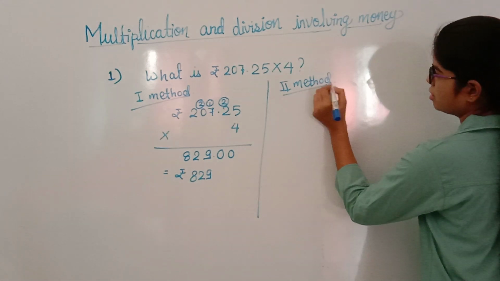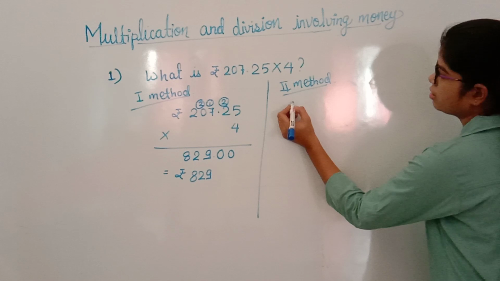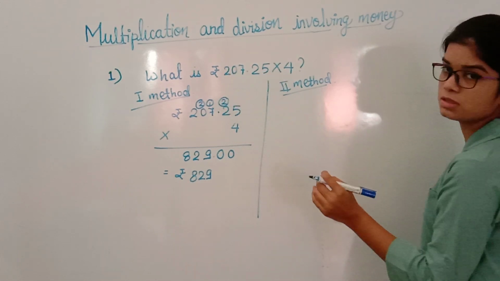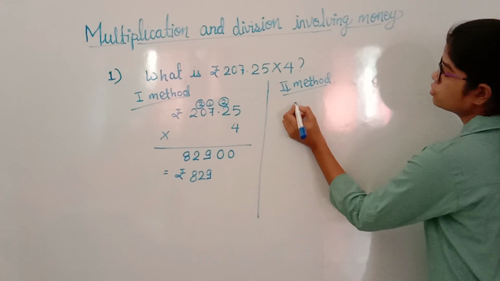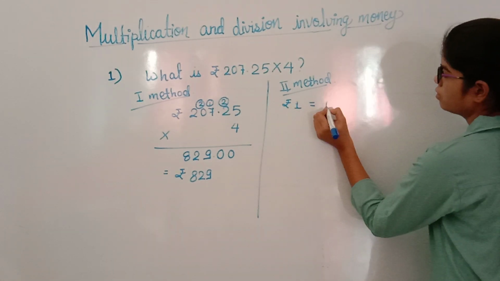The second method is a little lengthier than the first method. In this process, firstly we convert this money, these rupees, into paise. We know that 1 rupee is equal to 100 paise.